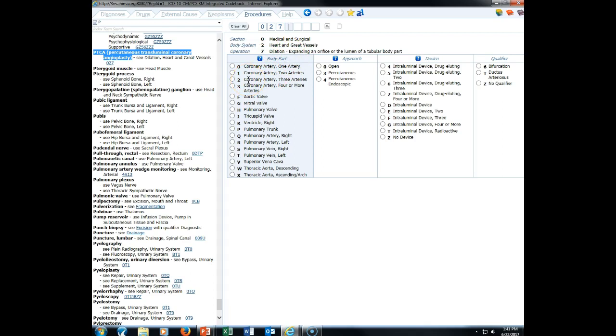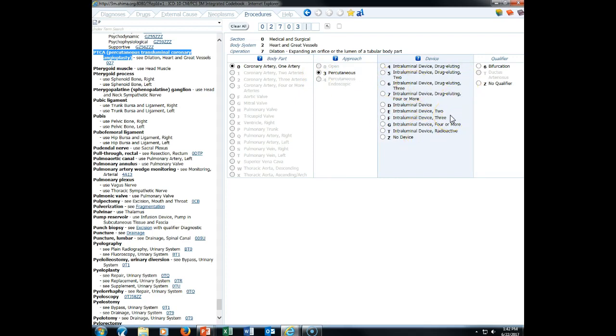And so when I'm looking at this, this procedure was actually performed on one artery. I can't actually go in here and choose the left anterior descending coronary artery, but I can choose coronary artery, 1 artery. And the PTCA, this is percutaneous transluminal coronary angioplasty, so the approach becomes percutaneous.